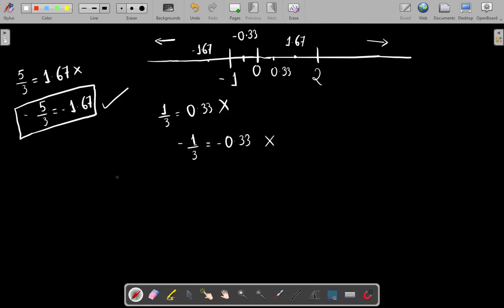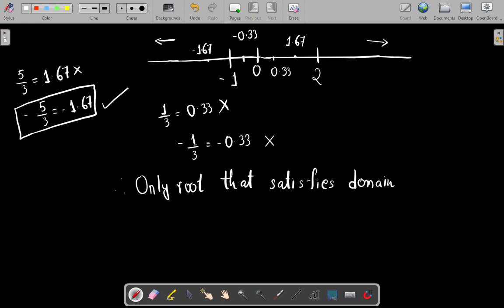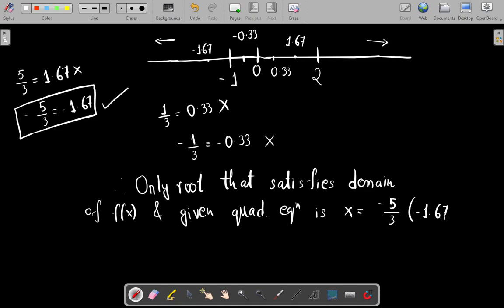Okay, so therefore the only root that satisfies the domain of f(x) and the given quadratic equation is x equal to minus 5 by 3, that is minus 1.67. Okay, so this is the only solution.